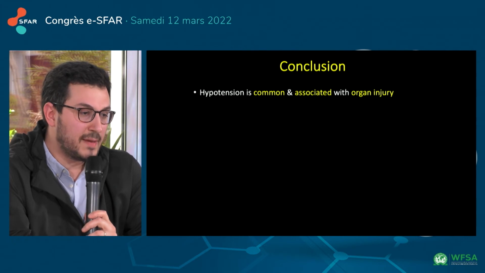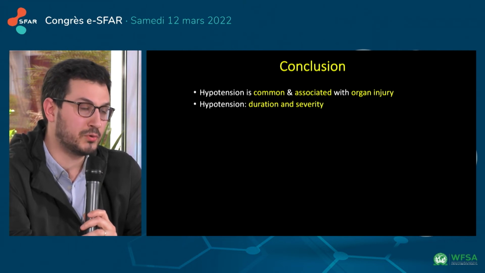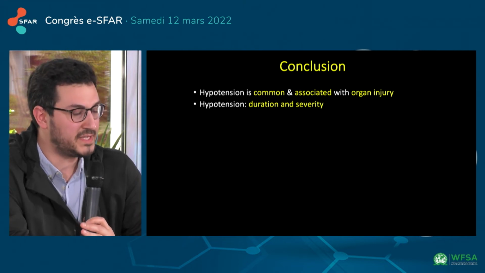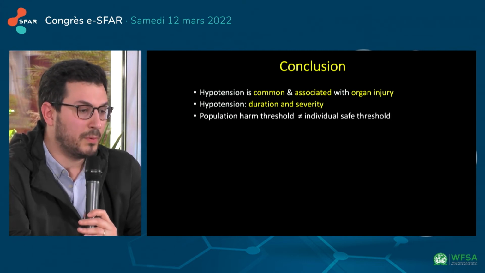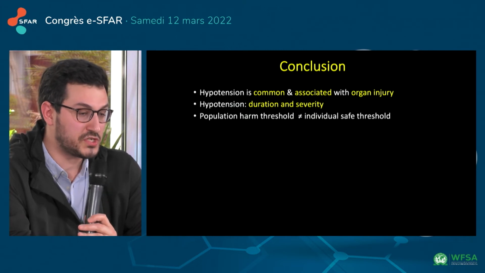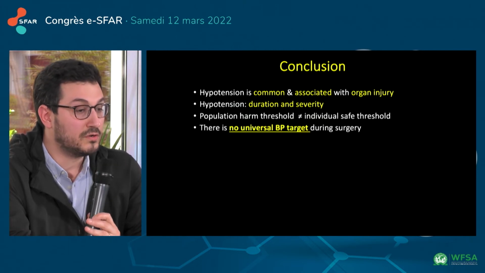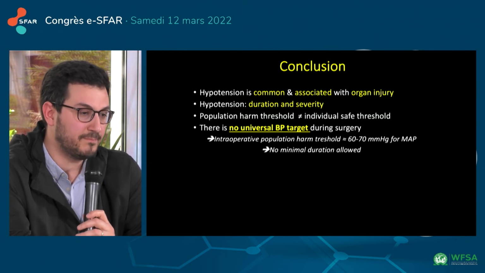So to conclude, hypertension is common during surgery and associated with organ dysfunction. It's important to consider both the severity, but also the duration of hypotension. The population harm threshold is different than individual safe threshold. There is, unfortunately, no universal blood pressure target during surgery.